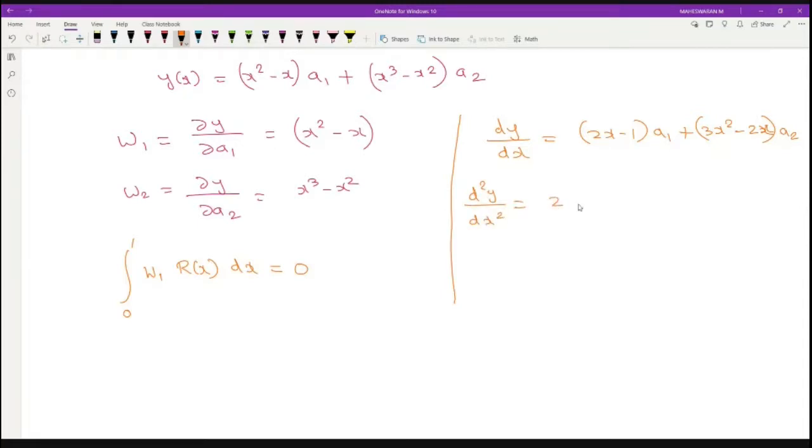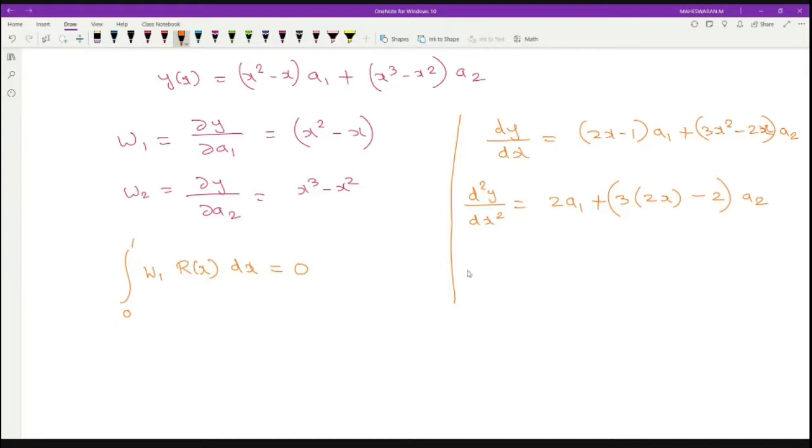we will get 2x becomes 1, this will become 0. So 2a1 plus, for the next one, 3 and x square differentiating gives 2x, minus 2x differentiating is 1, so this into a2.